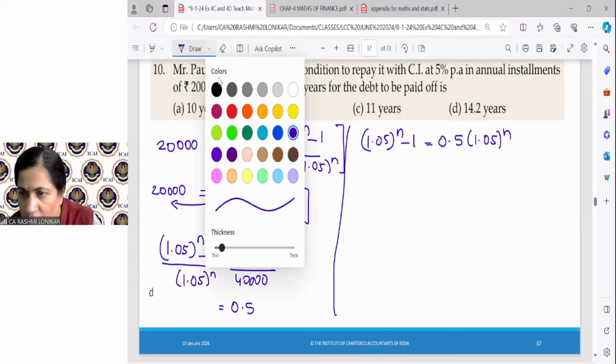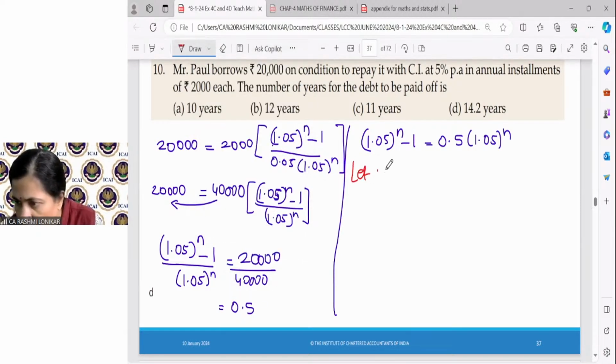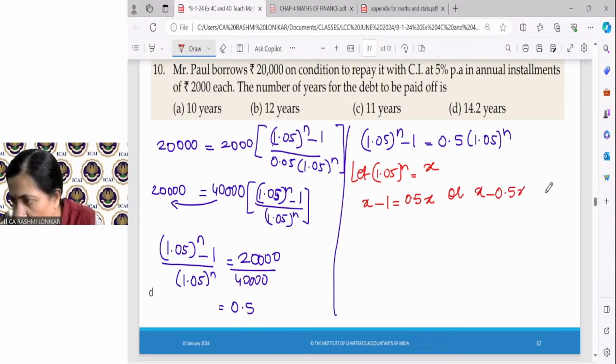So for those who are finding it difficult, let 1.05 raised to n be equal to x. So x minus 1 is equal to 0.5 times x. So x minus 0.5x is equal to 1, or 0.5x is equal to 1, or x is equal to 1 upon 0.5, which is equal to 2.